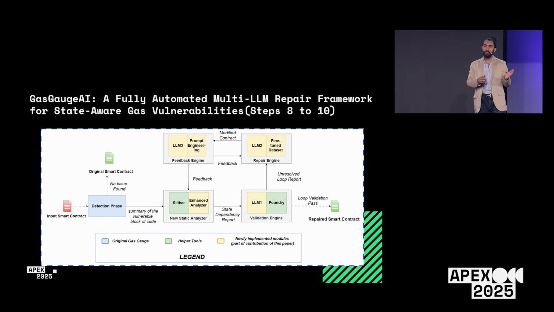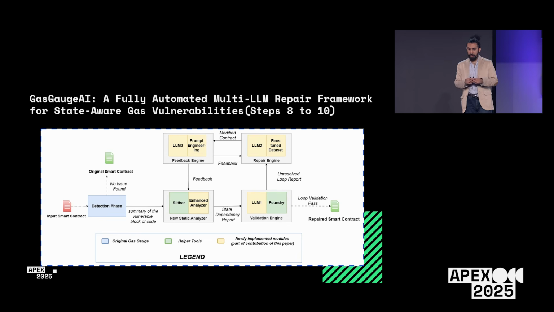If it thinks the result is not correct, then it provides feedback to LLM2, telling it to retry because it thinks the repair is incorrect for a given reason. The hope is that the feedback can improve the accuracy of the second LLM. This loop goes on until we have a contract that's fully fixed, or there's a scenario where the system was not able to generate a proper repair.